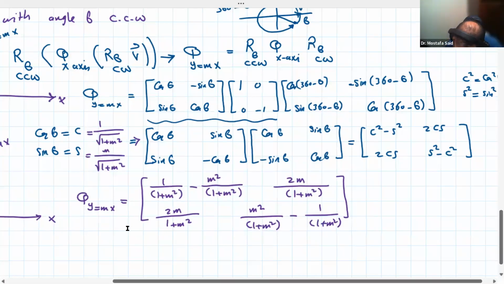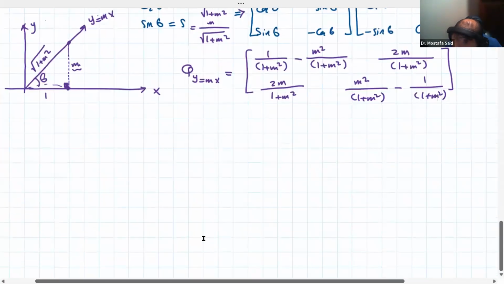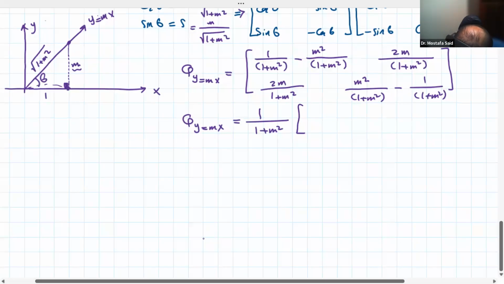Okay, so let's do that. So the reflection about y equal to mx equals 1 over 1 plus m squared times the matrix: here we're going to have 1 minus m squared, here 2m, here 2m, and here m squared minus 1.